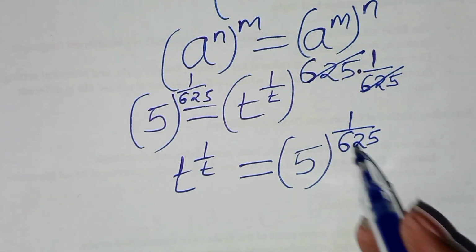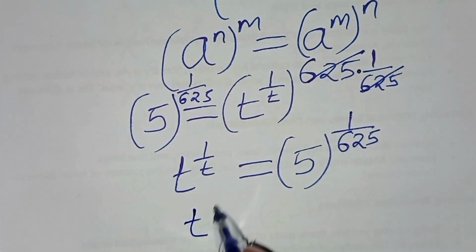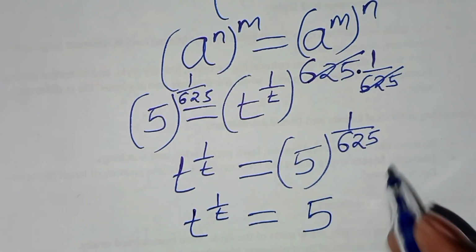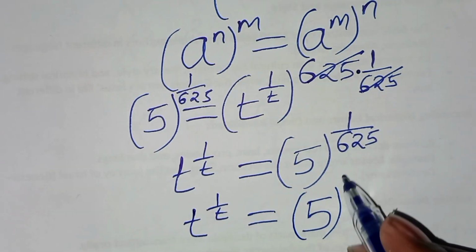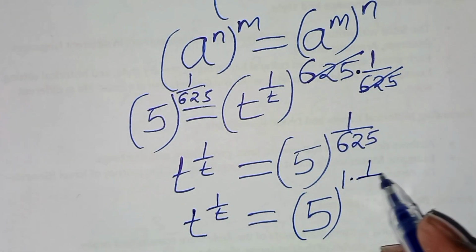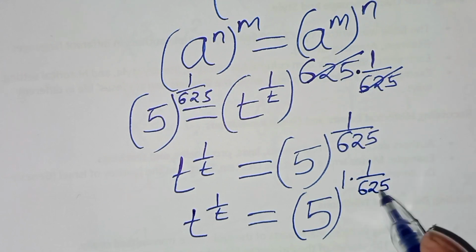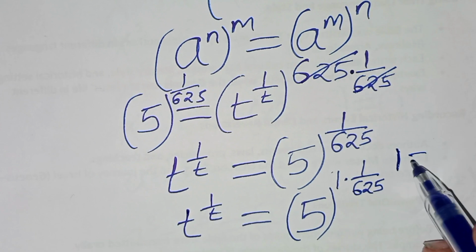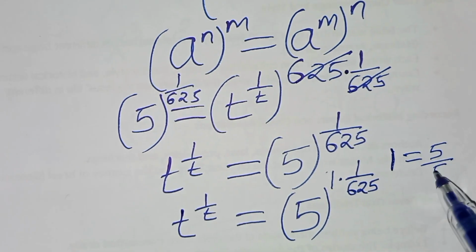Now from what we have here, t to power 1 over t is equal to 5 to power 1 over 625. This is the same as 5 to power 1 multiplied by 1 over 625. Now we can express 1 as 5 divided by 5.